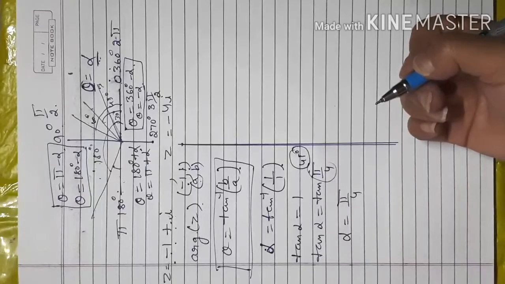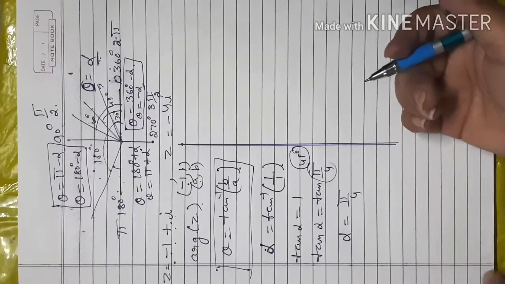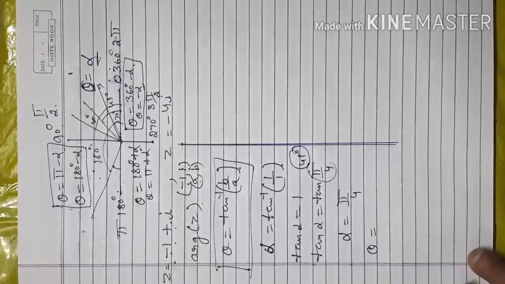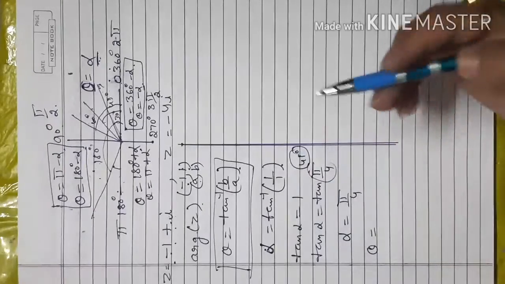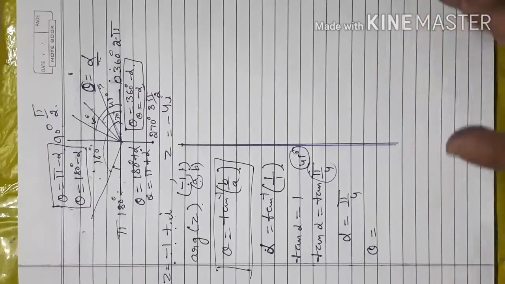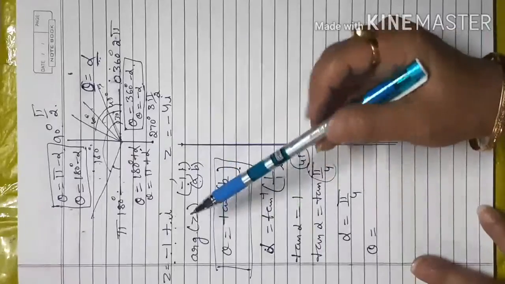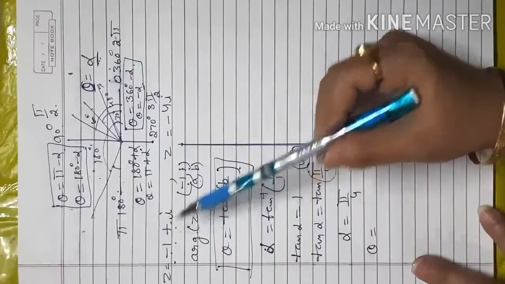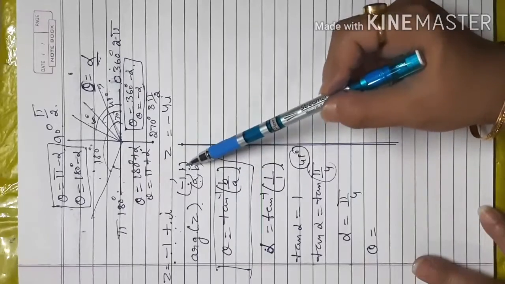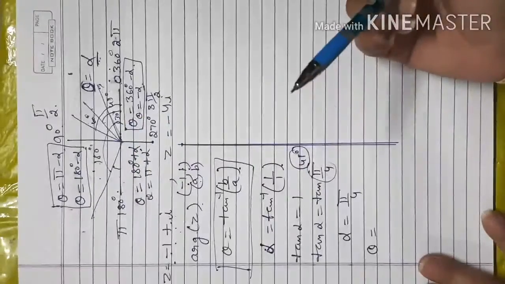Now I have to find the main angle in which the complex number lies, so now we have to find the theta. If you go this way, there is no chance of mistake about where we have to put the negative sign and where we have to put the positive sign. Looking back at the complex number, the actual coordinates, negative x and positive y, show that this complex number lies in the second quadrant.